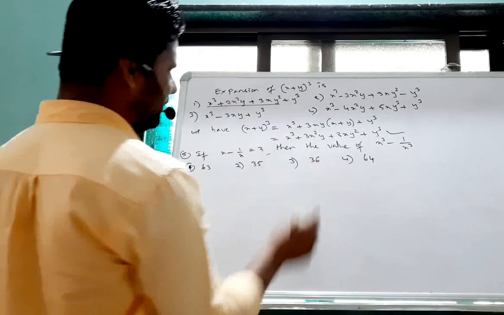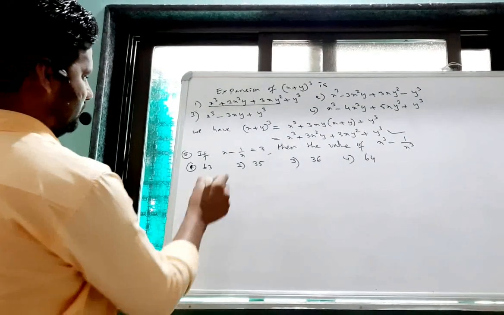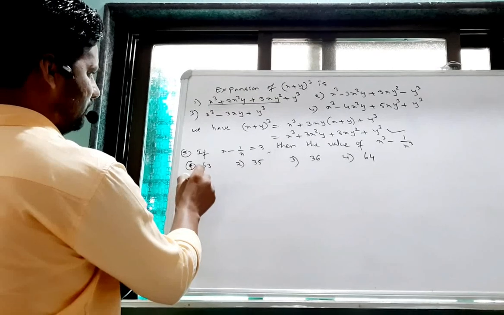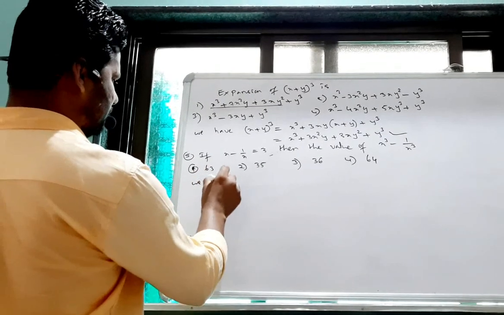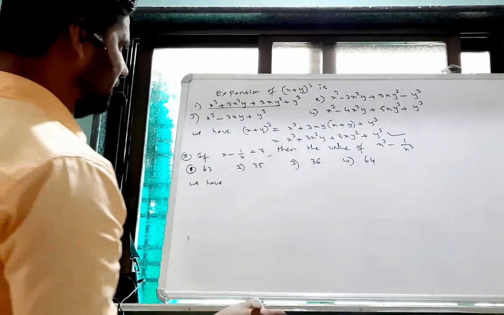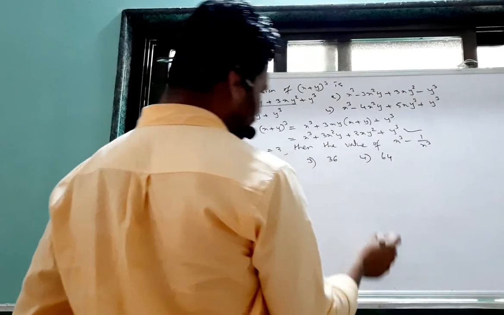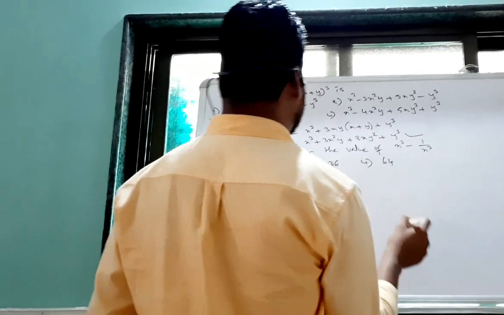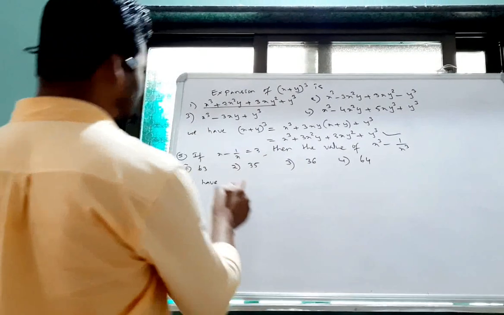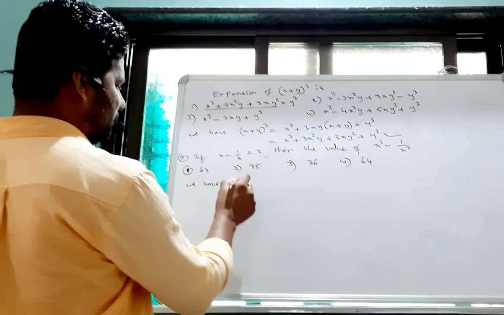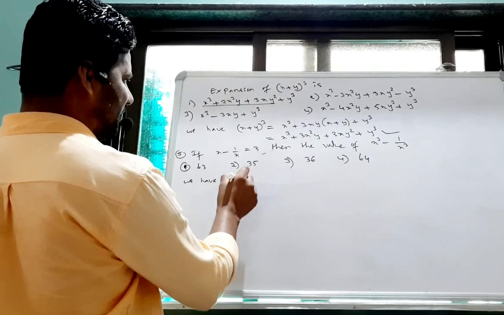So we need the value of x cube minus 1 by x cube. So we can use the formula of a cube minus b cube. We can find a cube minus b cube from the formula of a minus b bracket cubed.